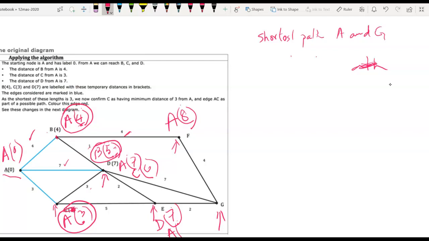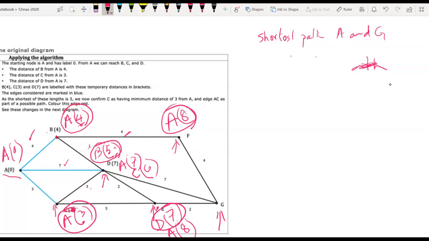We can come from A, and that'll be 3 plus 5, which is 8. Now we have to compare and see which one is the minimum at that point. So the minimum is D, 7, and that is the minimum for E.